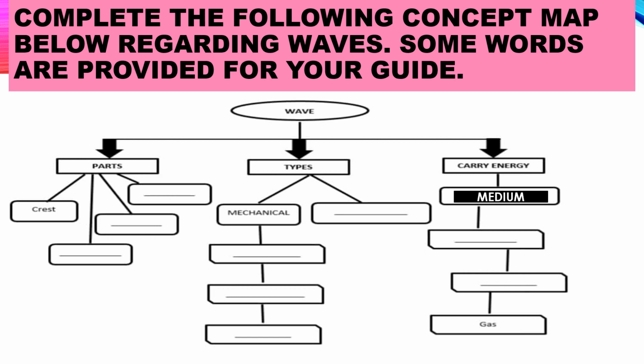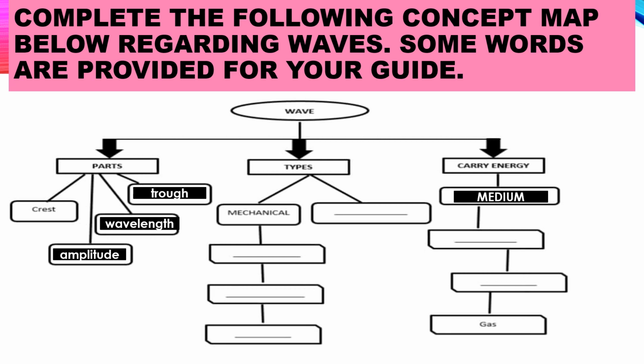So we have different parts. We all know that waves have different parts. These parts are, aside from the crest, you can use the comment box to answer. Wave trough, wavelength, and amplitude. If you still remember, the trough is the lowest point of the wave, yung pinakababa.